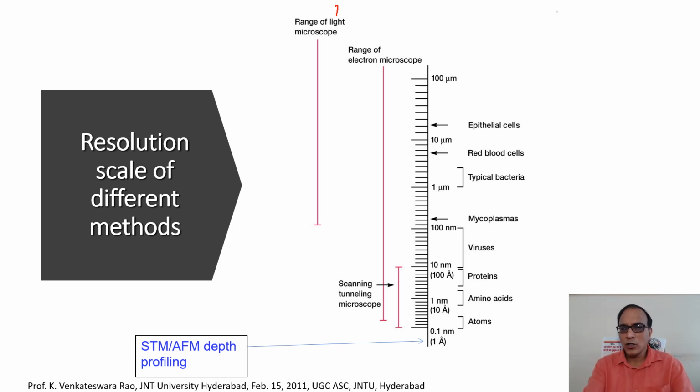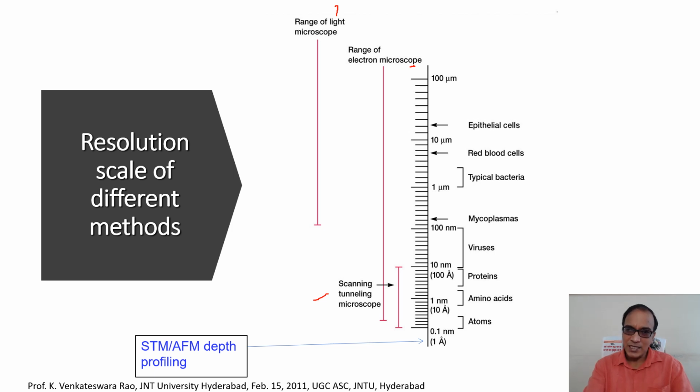With the electron microscope, we can have a range from around 0.1 or 0.5 nanometer to more than 100 micron. While with the STM, scanning tunneling microscope, the range is 0.1 to 10 nanometer that we can analyze.